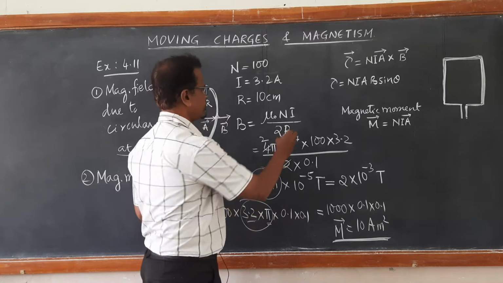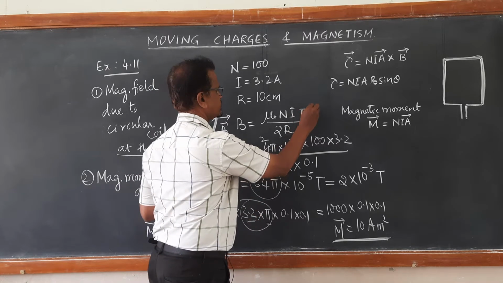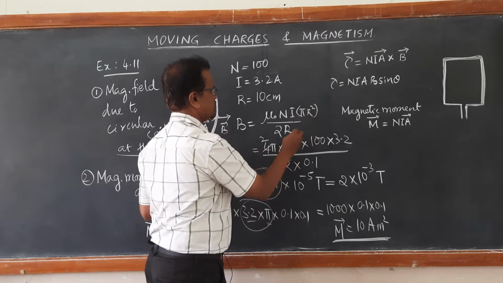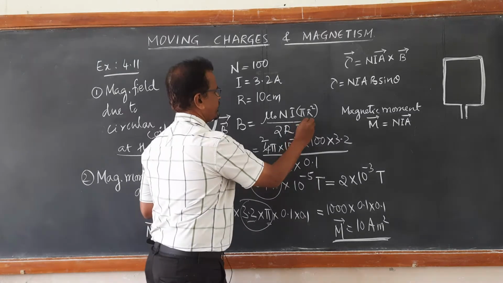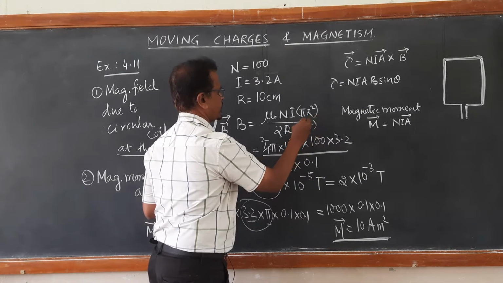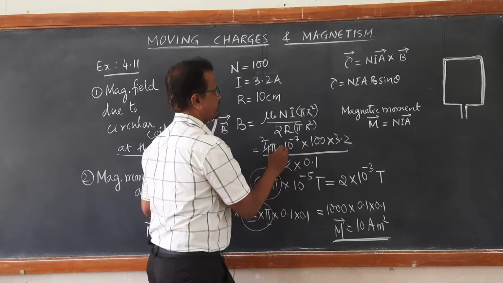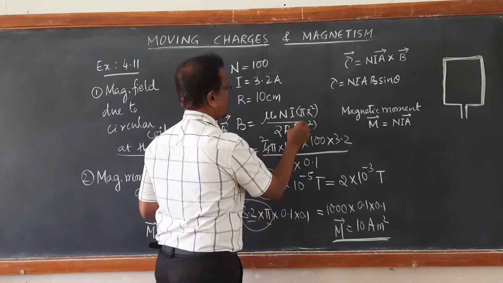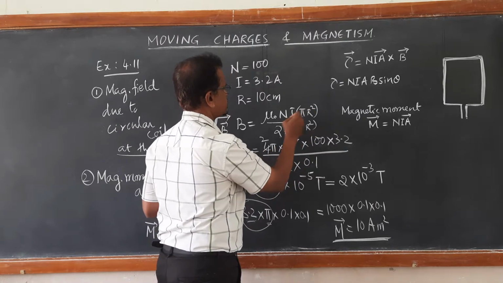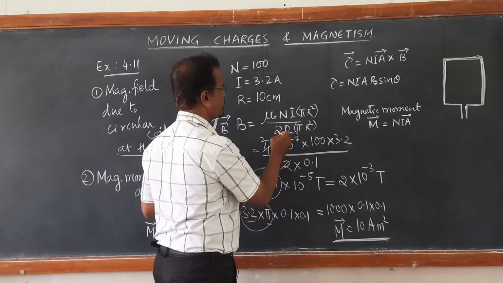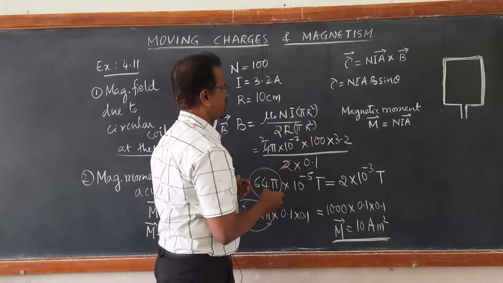If you multiply and divide by pi r square, the area of the circular coil, then one r cancels. So this can be written as mu naught NIA divided by 2 pi r cube.